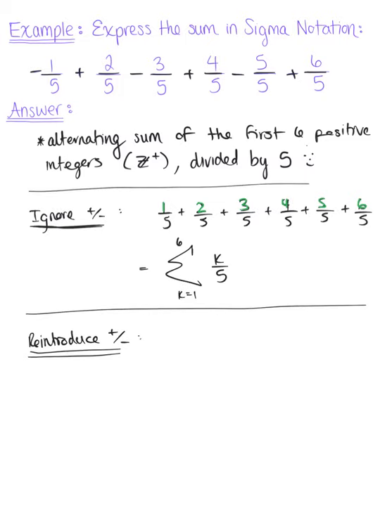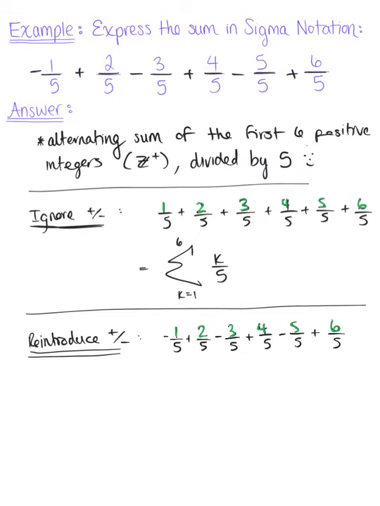All right, so we have, again, minus 1/5 plus 2/5 minus 3/5 plus 4/5 minus 5/5 plus 6/5. And again, looking up at our first case here, we know that the portion of our sum that's changing are those first 6 positive integers.